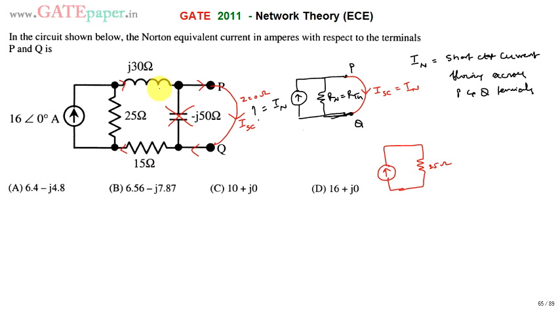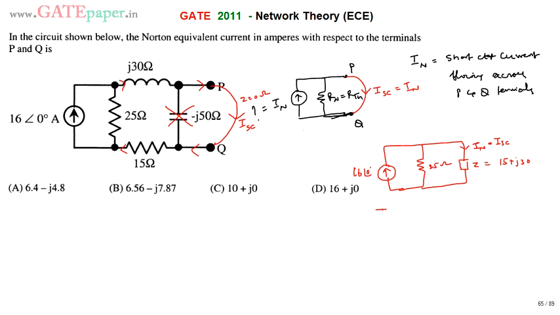In these two impedances the same current is flowing, that means they are in series. So I am writing this as impedance Z, whose value is nothing but 15 plus J30, and the current source is given as 16 amperes. So now we are going to calculate IN, the current flowing through this Z, the Norton equivalent current or short circuit current.